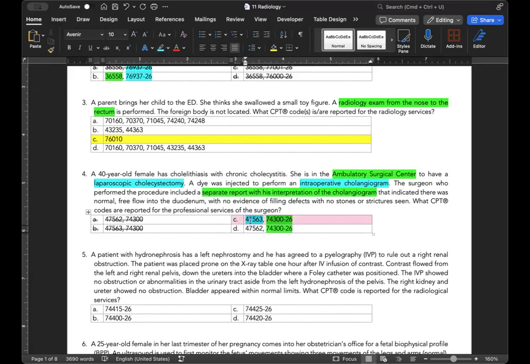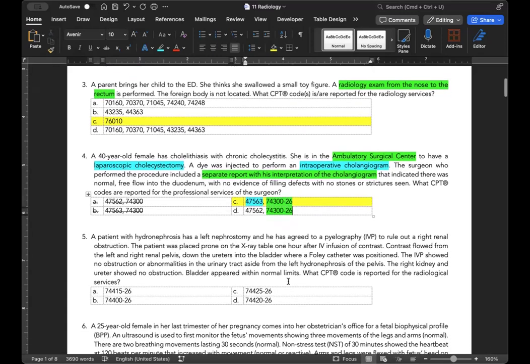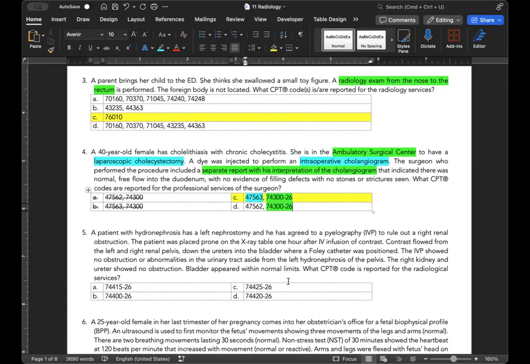Okay. Any questions on that? There's a note underneath. Yes, it's on the top of the next column if you have the 2024 CPT.